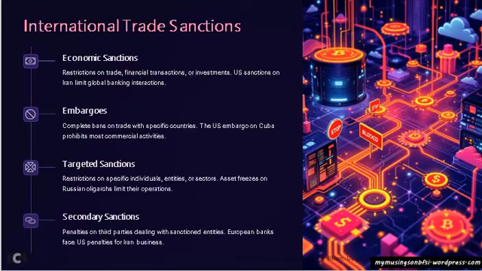Sometimes it is only an asset freeze or travel ban. Then come the secondary sanctions, because they penalize non-sanctioned parties for engaging with sanctioned entities. CAATSA, Countering America's Adversaries Through Sanctions Act, is a special act that punishes firms for trading with Russia's defense sector.